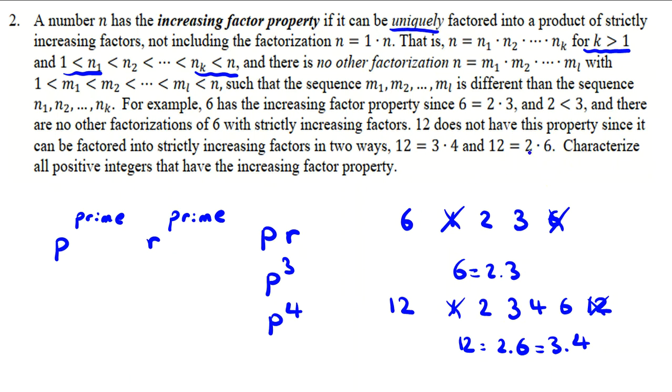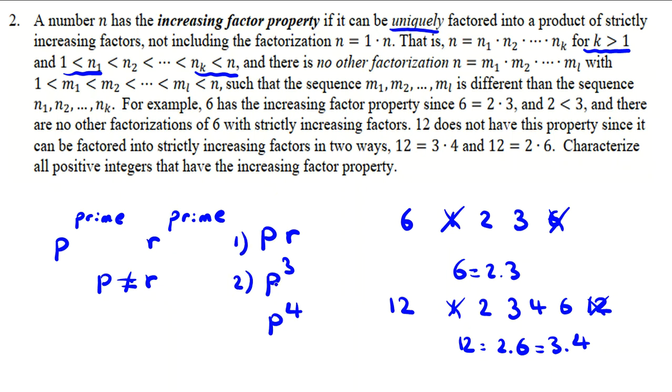Now, for solving this, I would tell you the final answer. Suppose P is a prime, R is another prime, where P is not equal to R. For this problem, only 3 types of numbers are good. So PR has the increasing factor property. It is the first one.